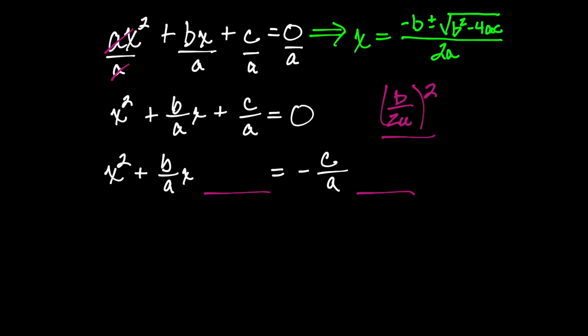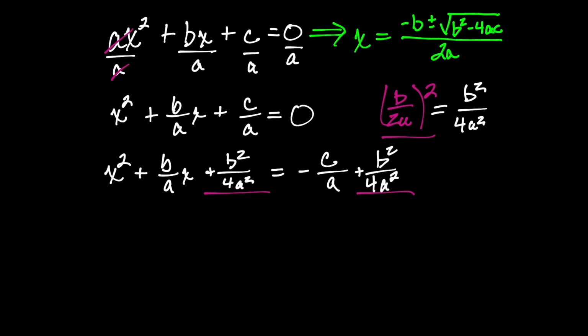When I add b squared over 4a squared, I'm just squaring this, right? Square the top, square the bottom, we get 4a squared. So we have to add the same thing on both sides, because that's the rules of algebra. Whatever you do on one side, you must do to the other side. So there we go. So far, so good.